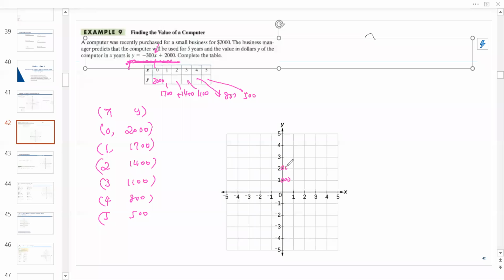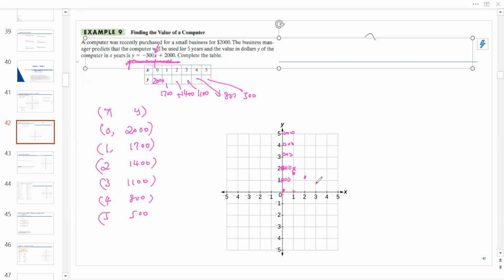Okay, this is 2,000, 3,000, 4,000, 5,000. So when first year 2,000, it's right at this dot. At 1 year, I'm sorry, 0 year, 2,000 is right here. When 1 year, 1,700 is right at this dot, and at 2 years, 1,400 is right at this dot.